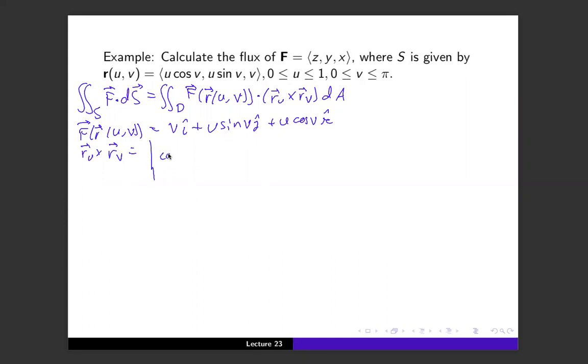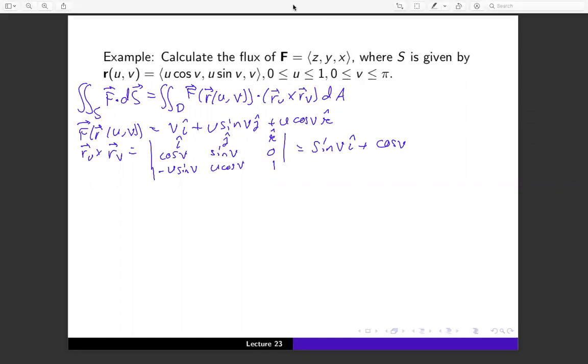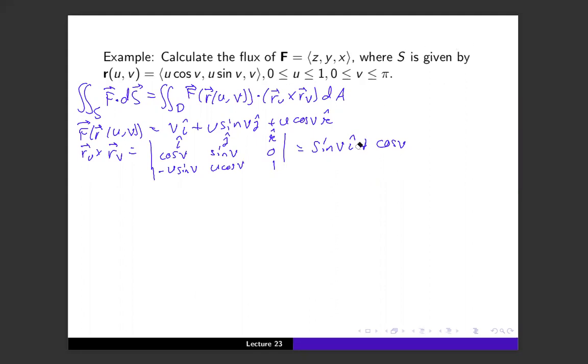This comes out to the determinant of cosine v, sine v, 0, negative u sine v, u cosine v, 1, with i, j, k, which will be sine v i, minus cosine v, excuse me, minus cosine v j, plus u k.